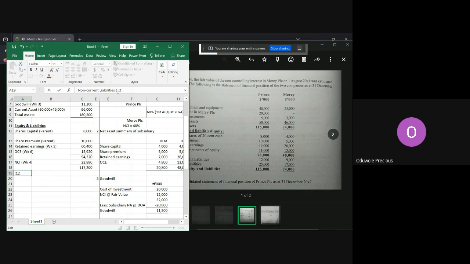That's 12 plus 9, so that's 21. Then current liabilities: 25 plus 17, that's 42.